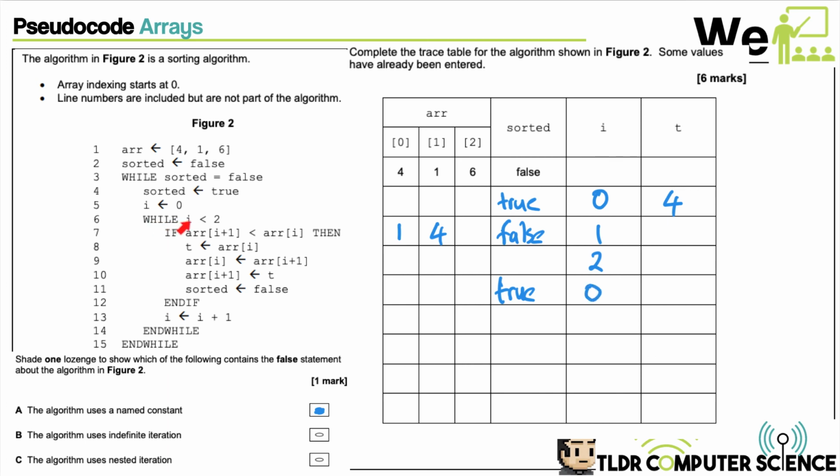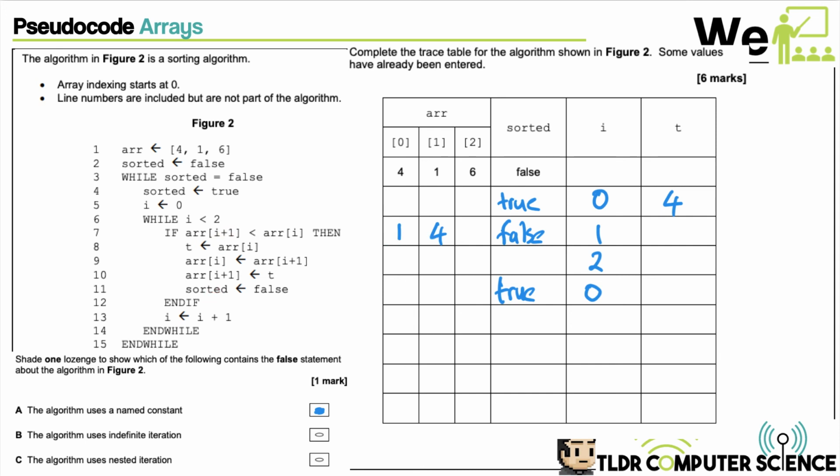While I is less than 2. Is 0 less than 2? Most definitely it is. Is array at I plus 1, so is 4 less than 1? Is 4 less than 1?